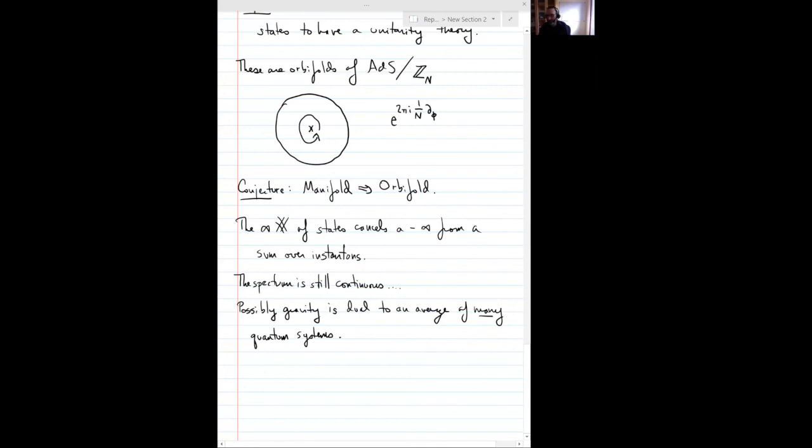So there is a question, can you give a string interpretation to this idea? Well, I don't have anything to say about that. Well, I have some things to say that I'm not going to say. But I will say that there was a very beautiful paper published last year where there was an even simpler theory of gravity in 1+1 dimensions, which is a theory of constantly negative curved Riemann surfaces. In that case, the spectrum is continuous, but it turns out to have a beautiful interpretation.